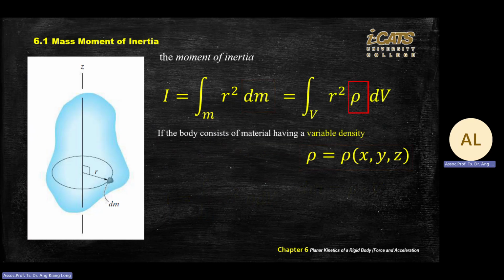But the concept is there. If your rho is constant, you can pull the rho out from the integration equation. Then you only integrate r square dv. Just in case, for this module, your rho is always constant.